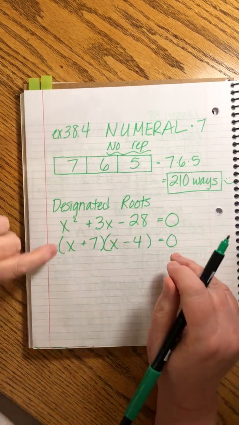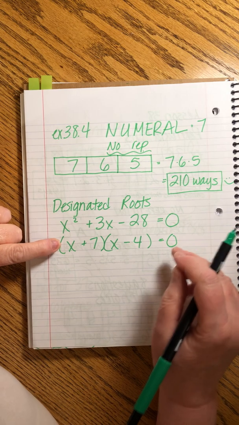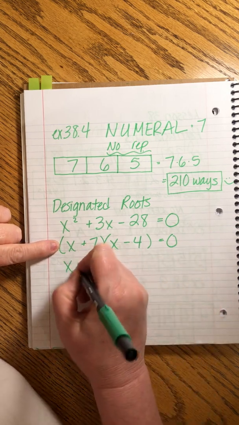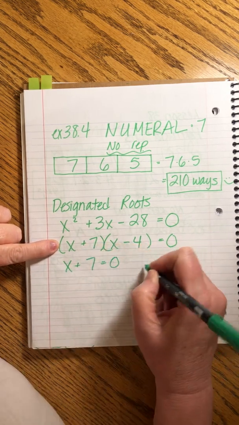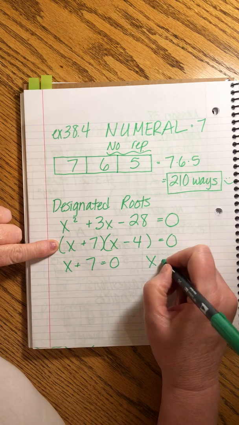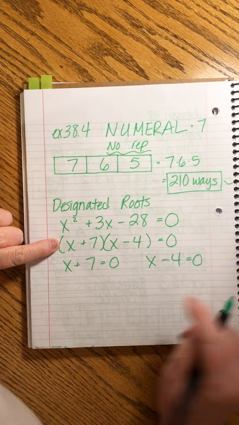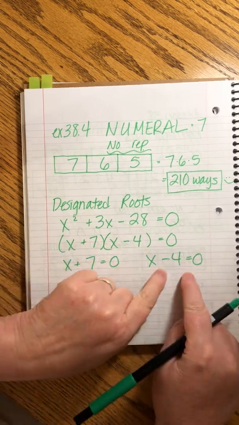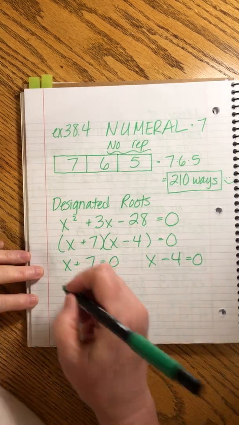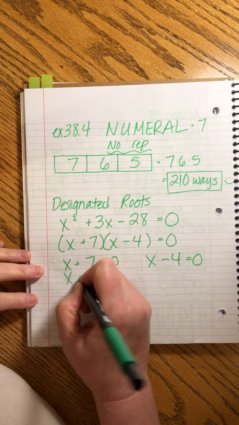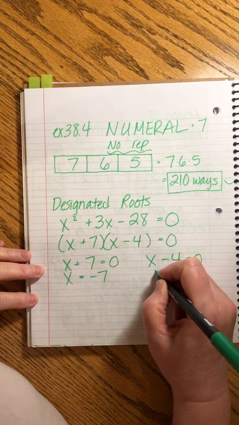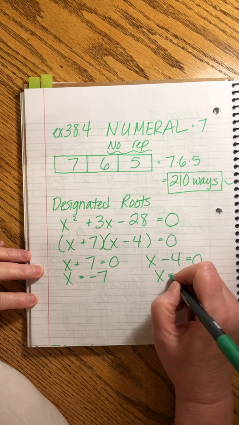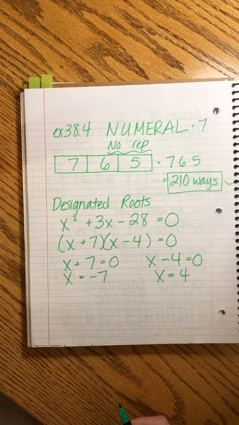And we know that because of the zero factor theorem, either x plus 7 equals 0 or x minus 4 equals 0, right? If two things multiplied together equal 0, then one or the other has to be 0. Do a quick little algebra dance here, and we get x equals minus 7 and x equals positive 4.